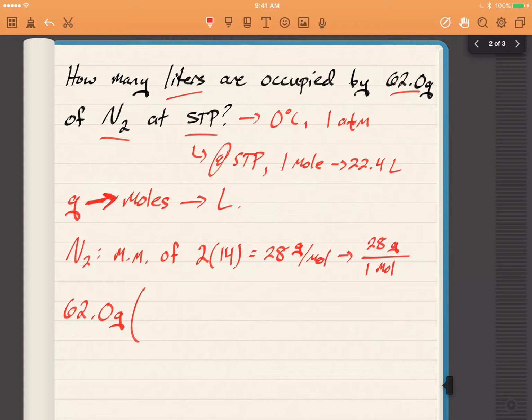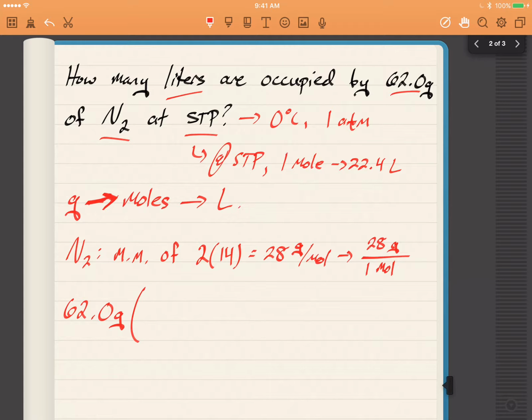So I need to rearrange and write this the other way around and do it as 1 mole over 28 grams. Now we have the right cancellation with the grams going away, and our answer so far is in moles.